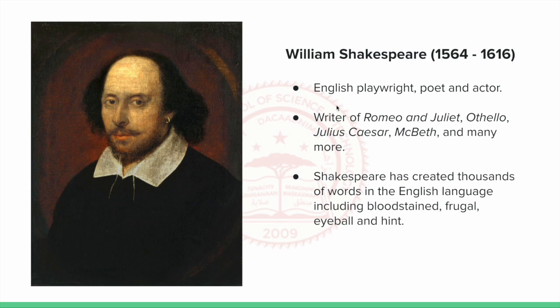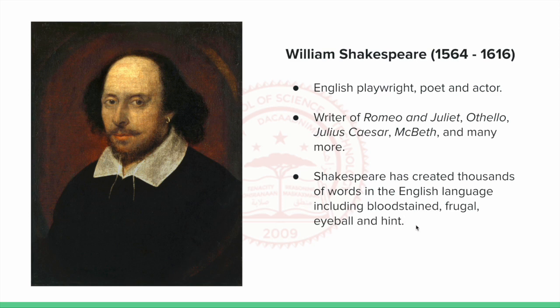So, he was an English playwright, poet, and actor, born in 1564 and died in 1616. He was the writer of Romeo and Juliet, Othello, Julius Caesar, Macbeth, and many more, of course, Hamlet being one of them. And Shakespeare created thousands of words in the English language, including bloodstained, frugal, eyeball, and hint.